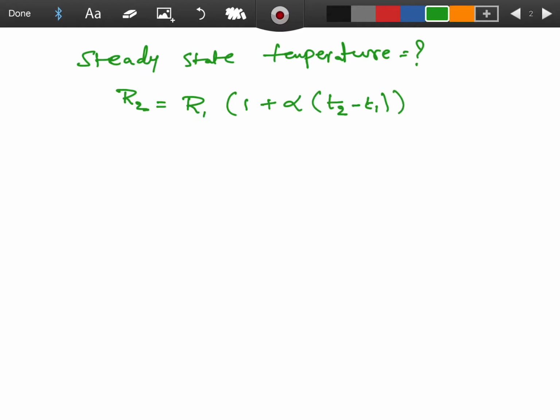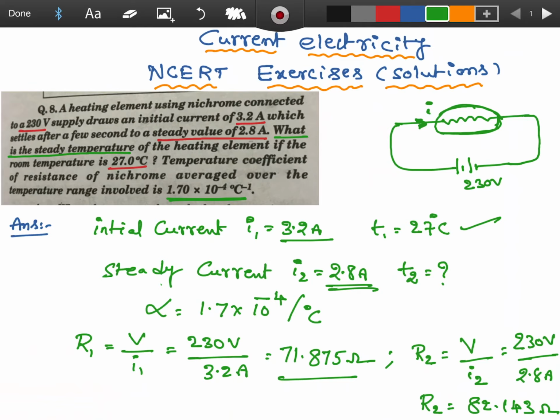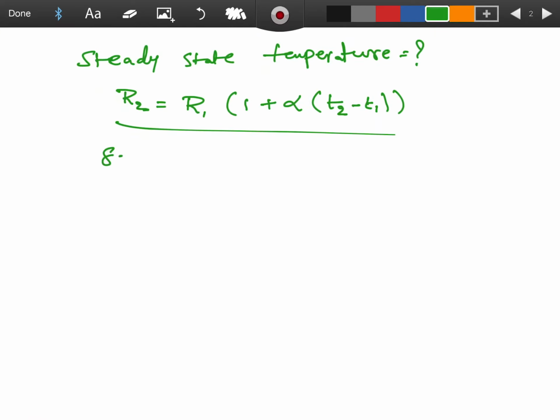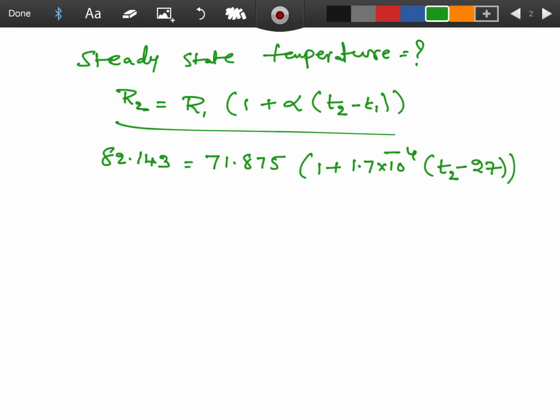R2 we just got as 82.143 ohm, R1 is 71.875, alpha is given in the question as 1.7 into 10 power minus 4. T2 is unknown, we need to find it. T1 is 27 degrees Celsius.